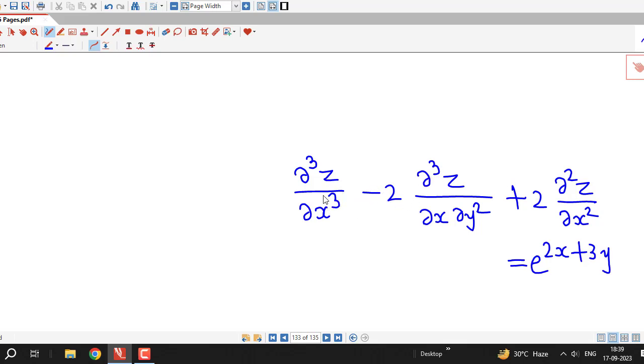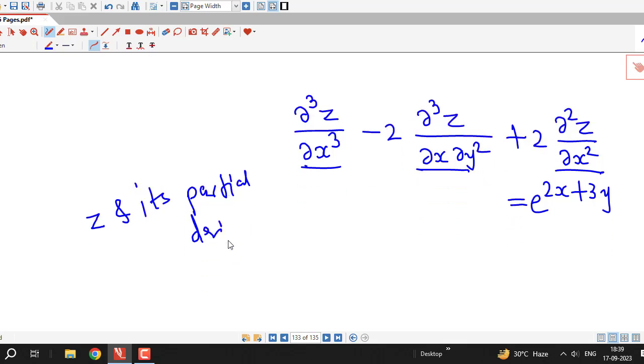We can see that the power of each derivative is 1, or the degree of each derivative of z which is present here is 1, and there is no product of z and its partial derivative. The dependent variable is not multiplied with its partial derivative. So that is the meaning of linear partial differential equation.